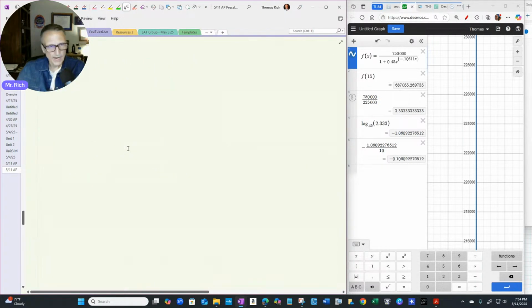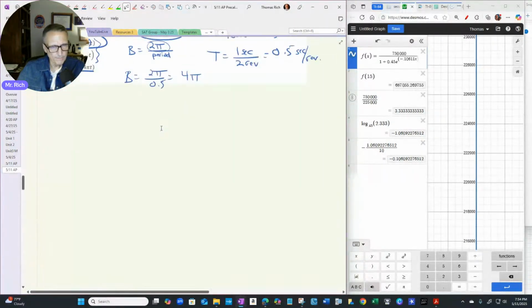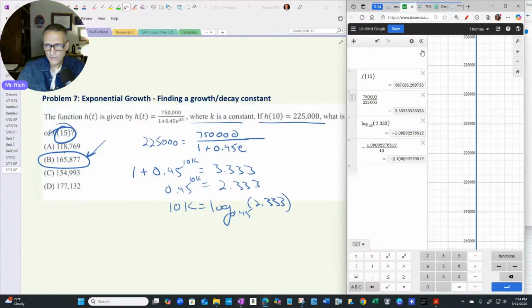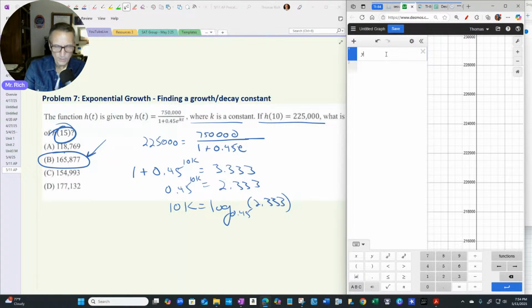All right, let's go back. I did have some bonus ones down here, but I'm going to go back up here and finish this one off. I think I messed this one up from the get-go. So we will start back at the beginning. We are going to plot y equals 225,000, and we'll plot y equals 750,000 over 1 plus 0.45 e raised to the 10k.